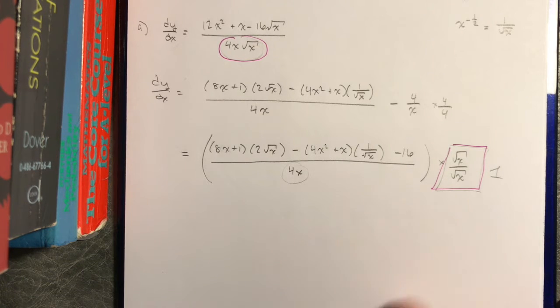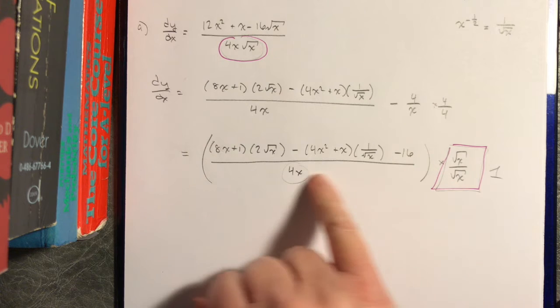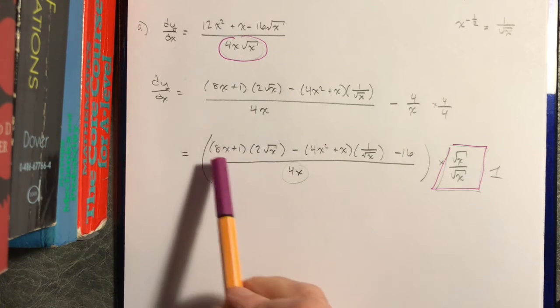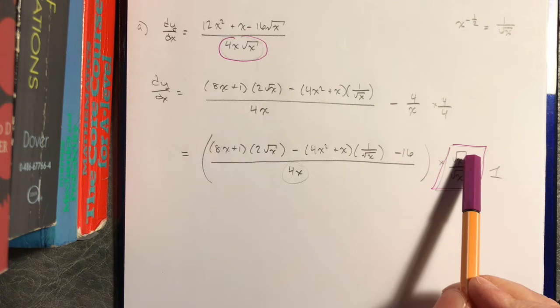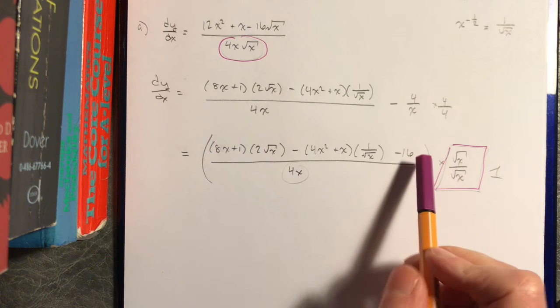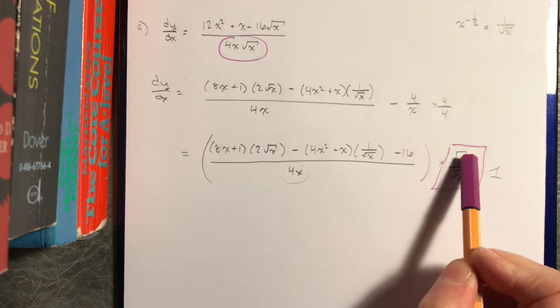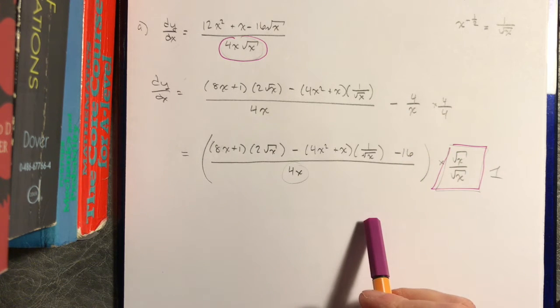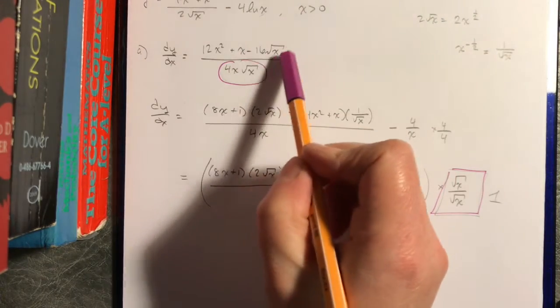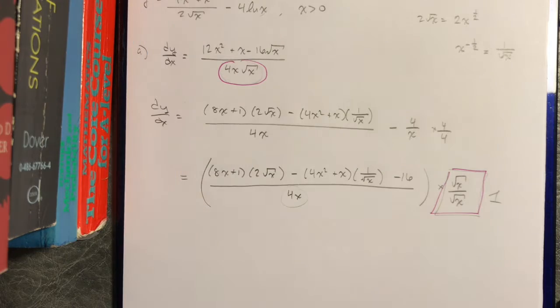So, if I multiply the bottom, I've got my 4x root x, I'm good to go. And if I multiply the top through by a root x, look what's going to happen. You're going to have that 16 times a root x. That's easy math to do. It also looks like that 16 root x up here.